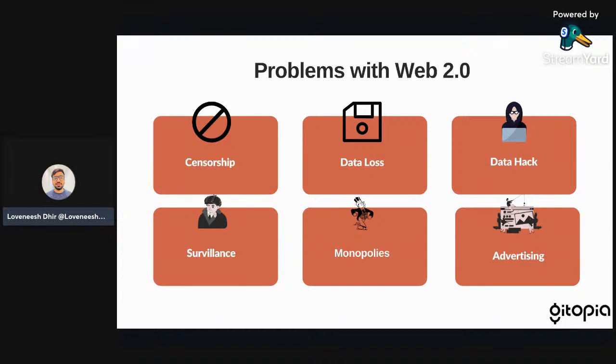Okay, let me check if there is some question. So what is information economy and platform? So Kushagra has already answered that.